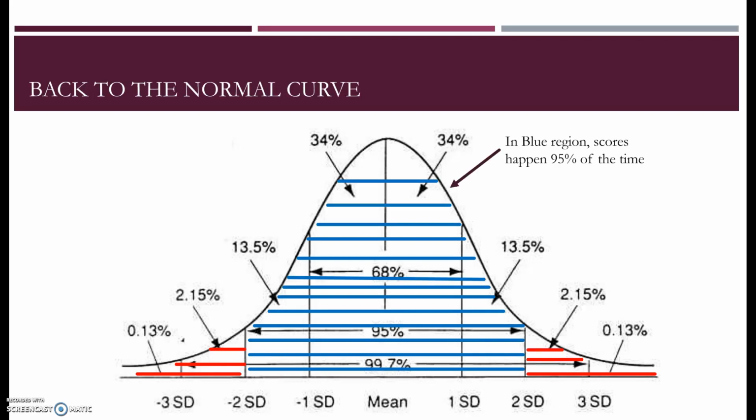And by some statistical theory, mathematical theory, we believe that about 95% of the population should fall within 2 standard deviations from the mean. Remember, standard deviation is just distance from the mean.